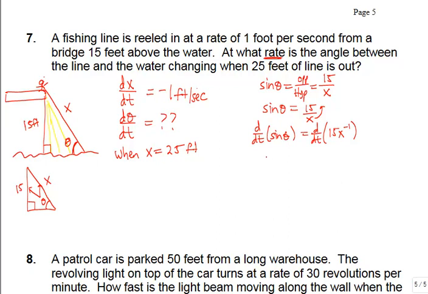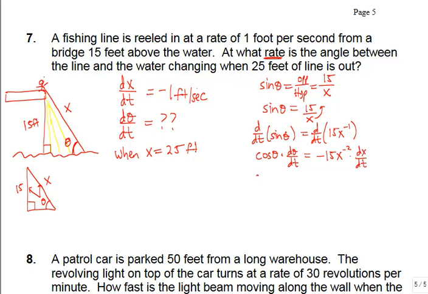So let's go ahead and take these derivatives. The derivative of sine of theta wants to be cosine of theta, but because we're taking the derivative with respect to t, we need to multiply this by d theta dt. On the other side, the derivative of 15x to the negative 1 wants to be negative 15x to the negative 2, but we have to multiply that by our dx dt.